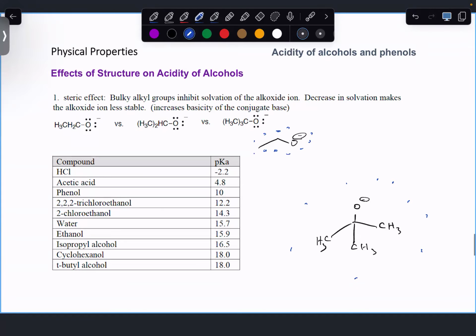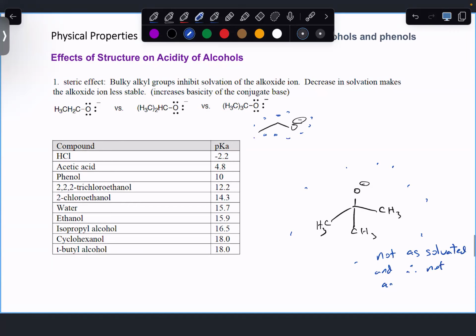And so this big bulky one is not as solvated and therefore not as stabilized. And so again, you can see that clearly illustrated by comparing ethanol to isopropanol, cyclohexanol to tert-butanol.